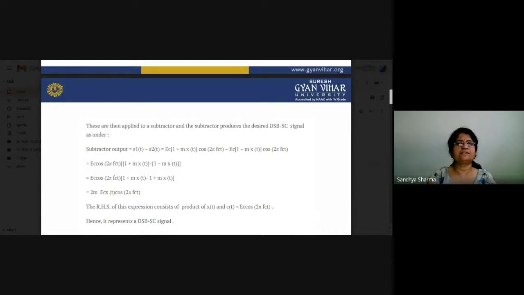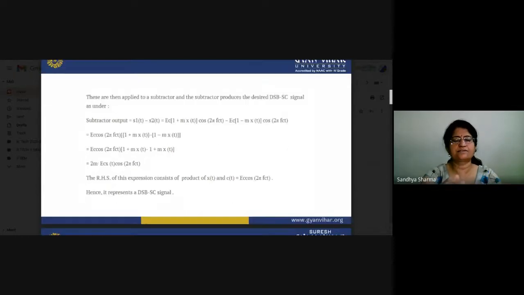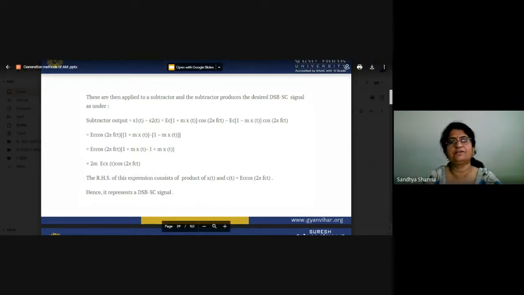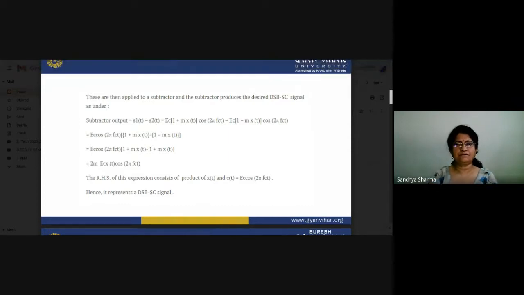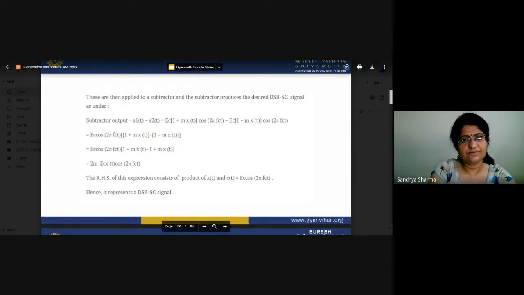You can see here S1 minus S2. When you subtract S2(t) from S1(t), what type of spectrum do you receive? That is equivalent to the double sideband system. You can take the difference of both, and by taking the difference, some parts are cancelled out and some remain.